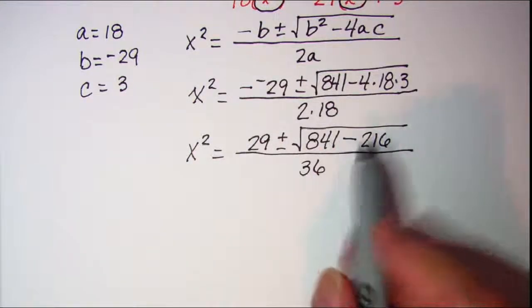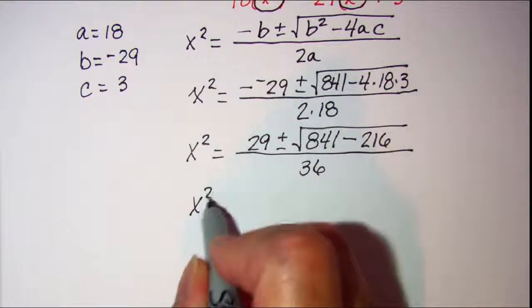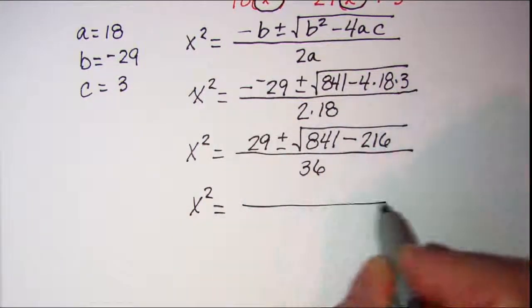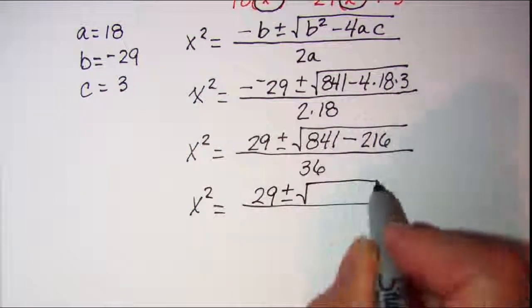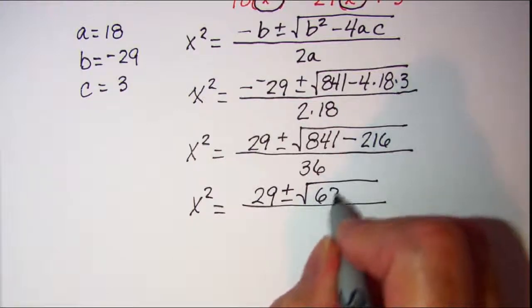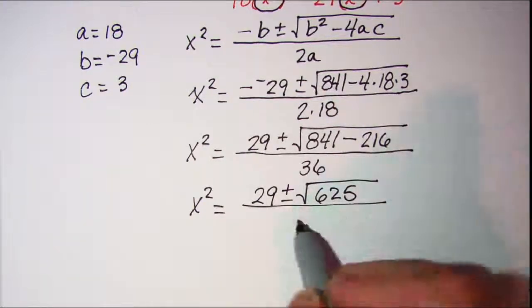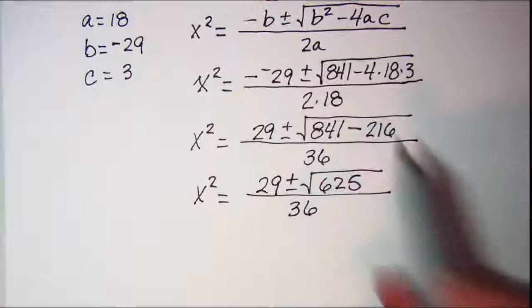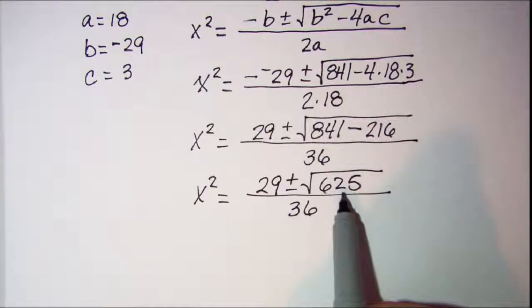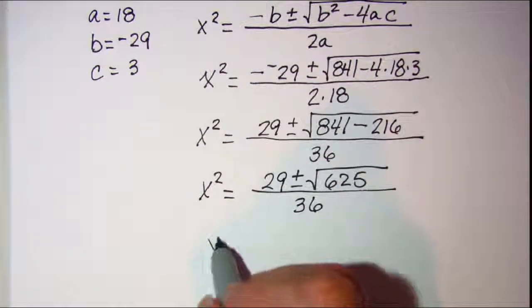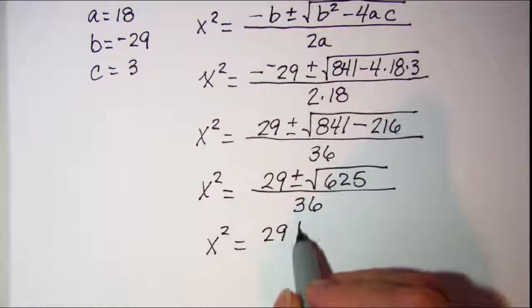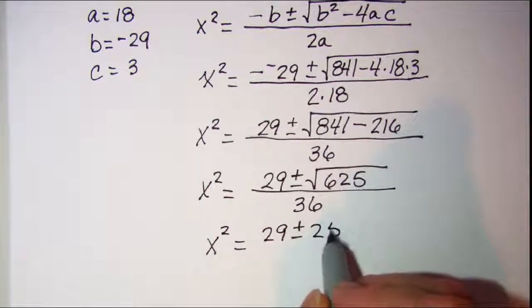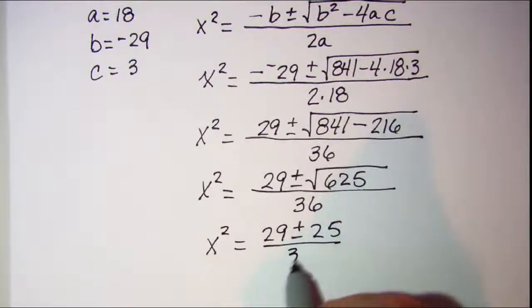And now I can subtract here, so x squared is equal to 29 plus or minus square root of 625 over 36. Now we know the square root of 625 is 25, so I have x squared is equal to 29 plus or minus 25 over 36.